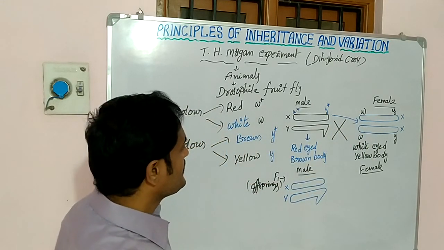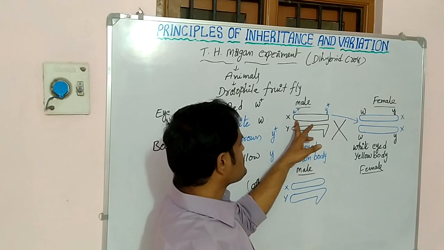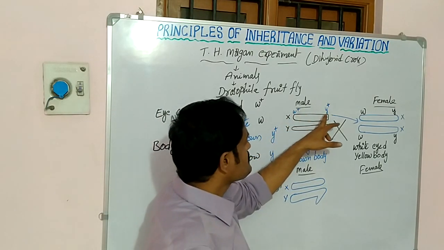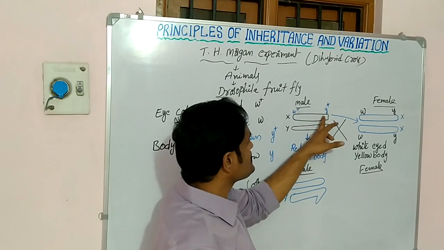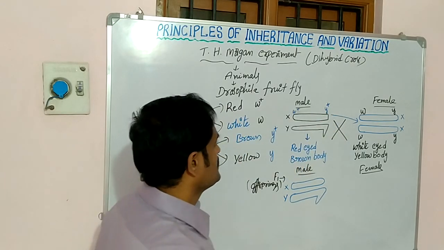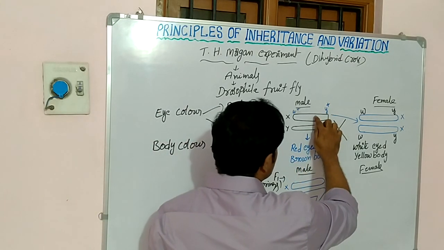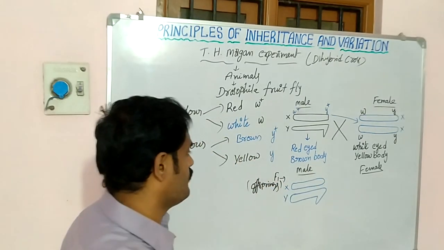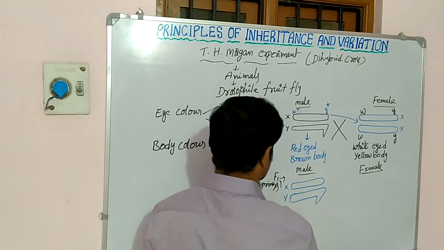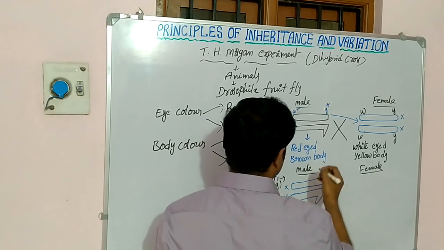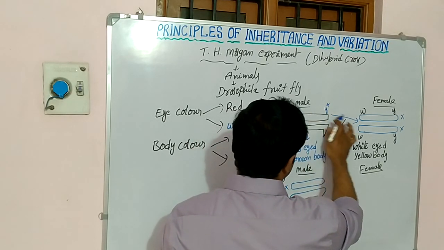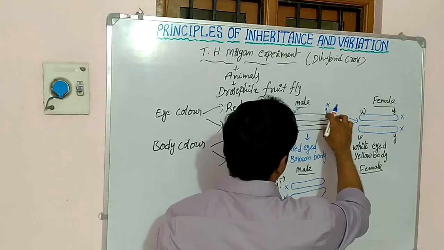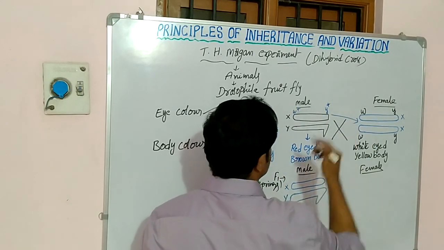So commonly it consists of W plus and Y plus, and this is fused with the W and Y. This complete cell is fused with this cell.